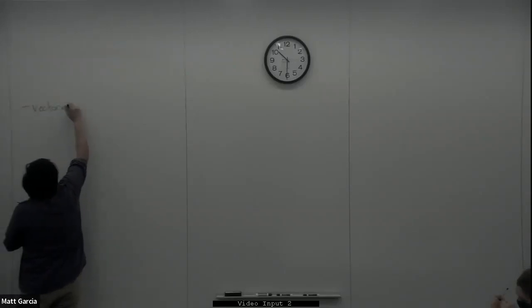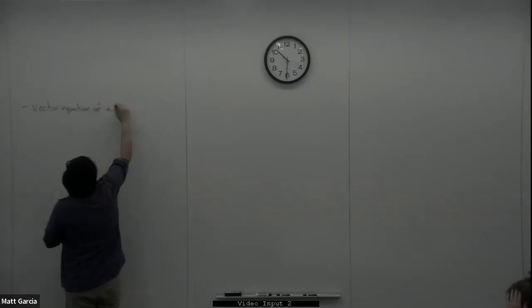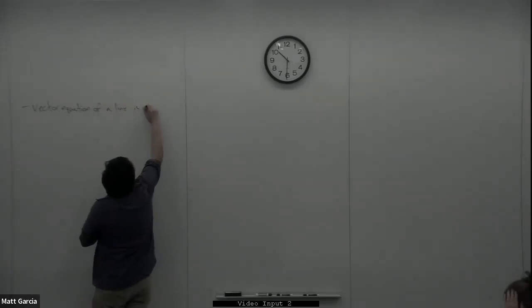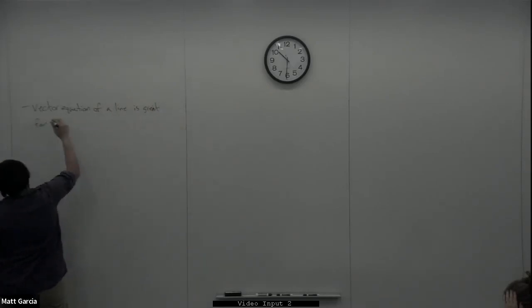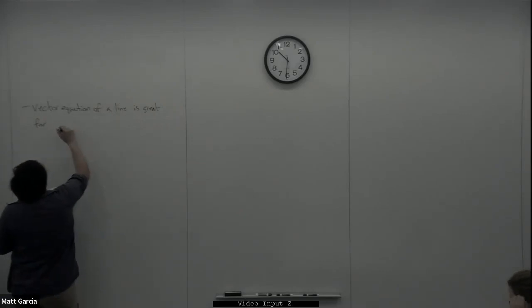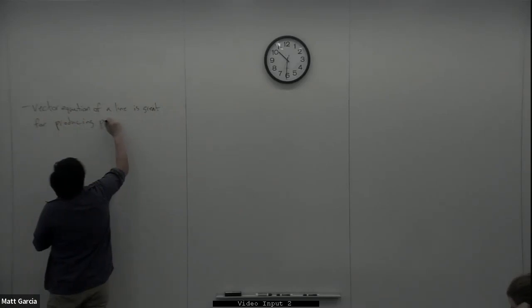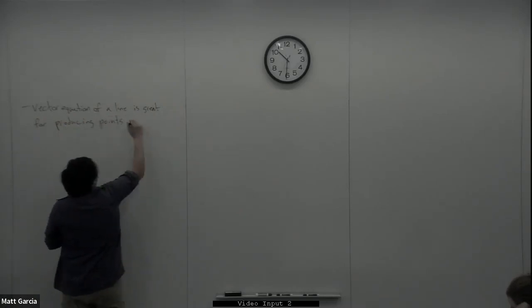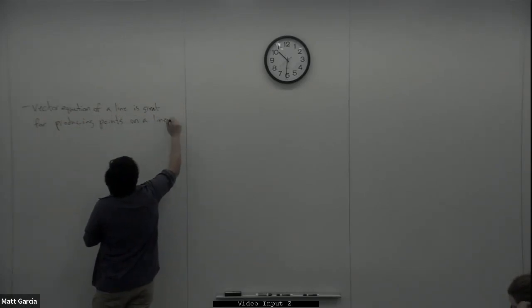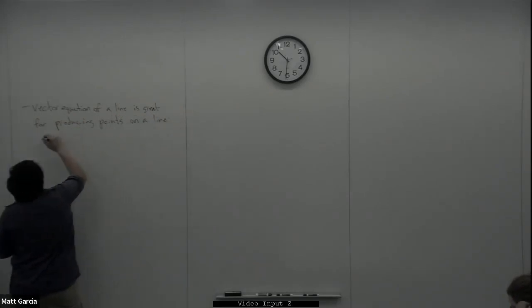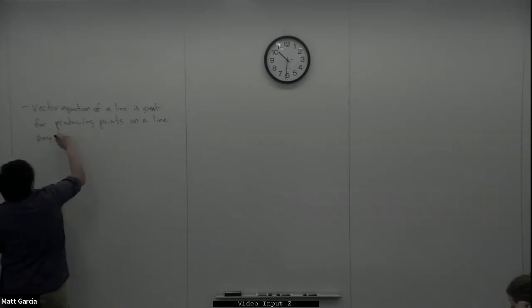for example, the vector equation of a line is great for producing points on a line, for any value of t.